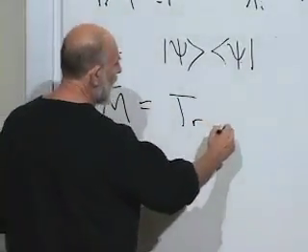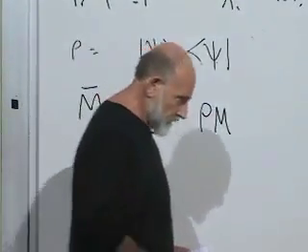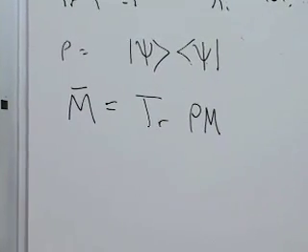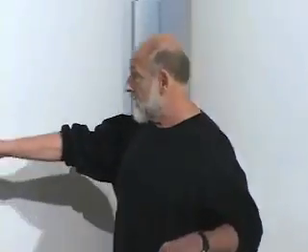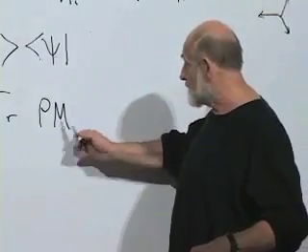Incidentally, it's not hard to prove that for the trace of a product of two matrices, whether or not the matrices commute, it doesn't matter which order you put the operators. So you can also write trace of m times rho, and it will make no difference. That's the average.